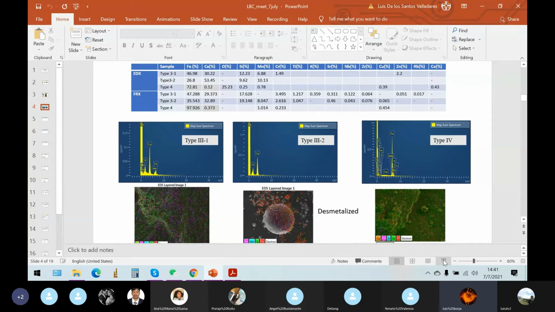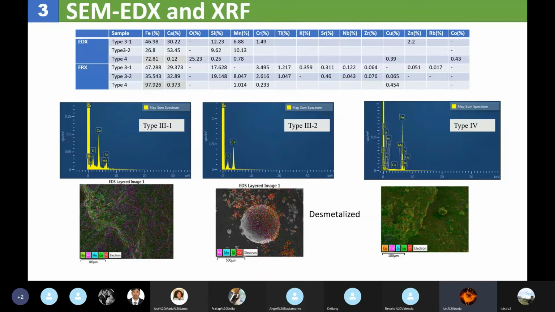As you can see in the table, there is a comparison of the EDX and the X-ray fluorescence. There is a similarity in the detection of iron, calcium, and silicate, but there is a difference in the detection of the rest of the minor compounds.